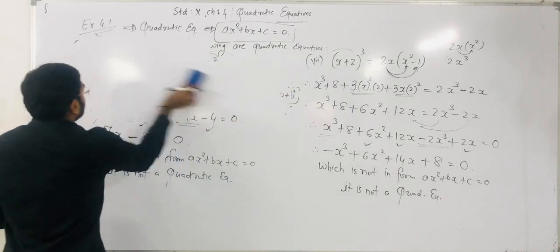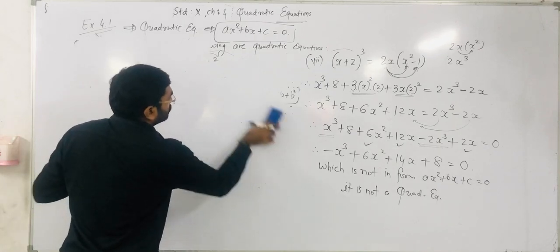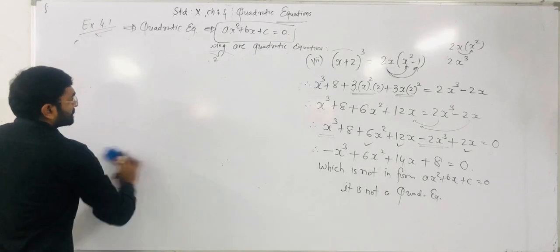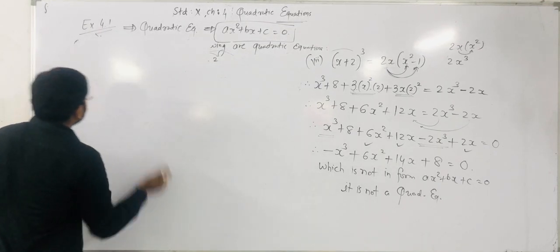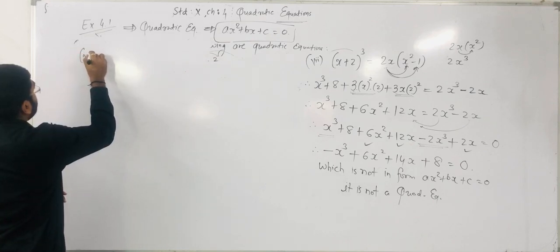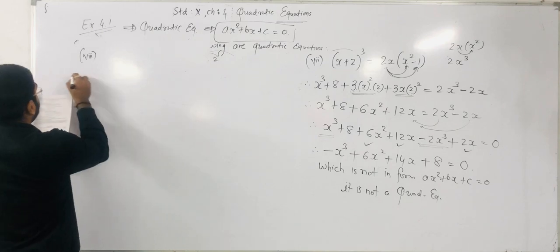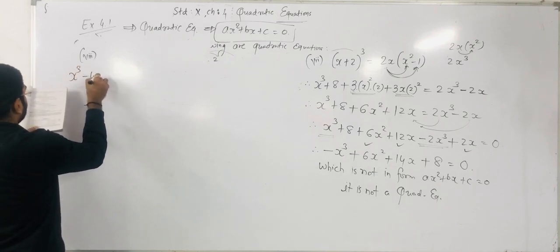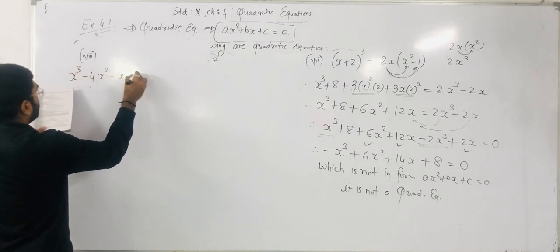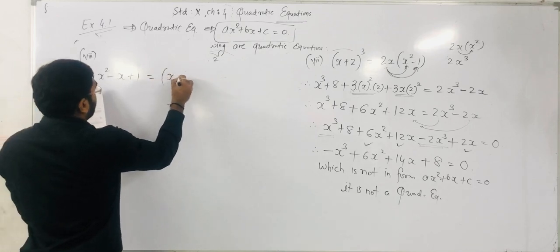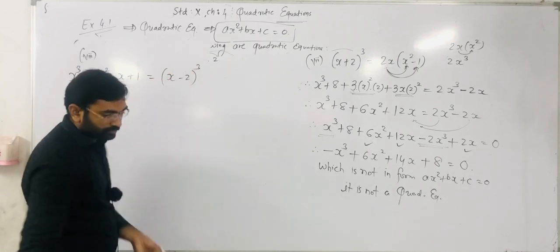Okay. Now the next question, question number 7, we have to solve, in which is given x cube minus 4x square minus x plus 1 is equal to x minus 2 all cube.